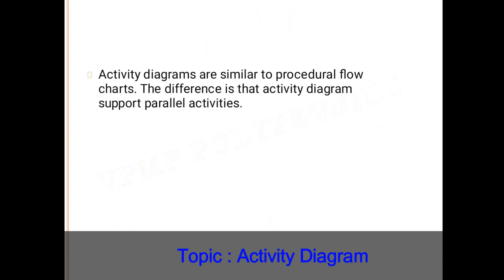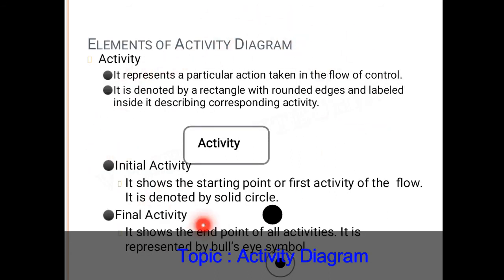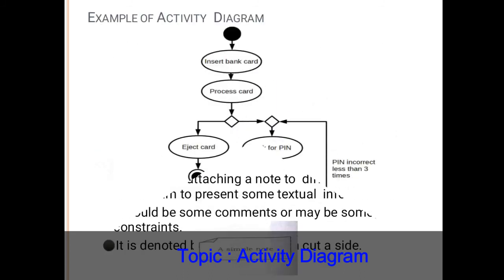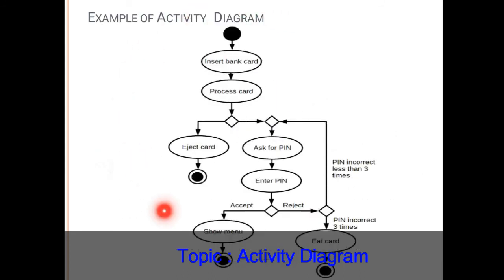Then next, depending on your symbol explanation, you have to explain all the symbols with their descriptions. Then this is the example of an activity diagram.